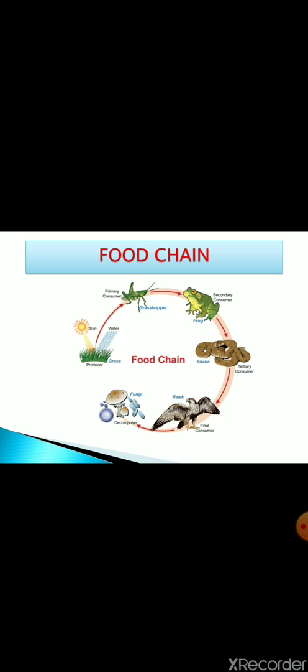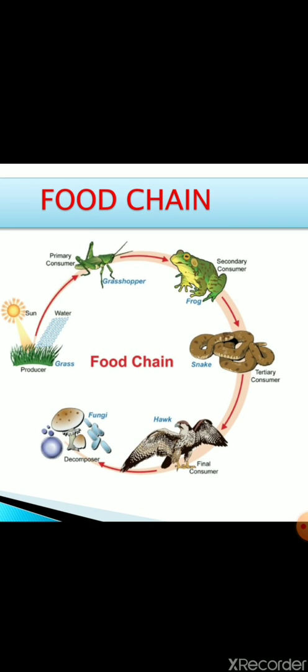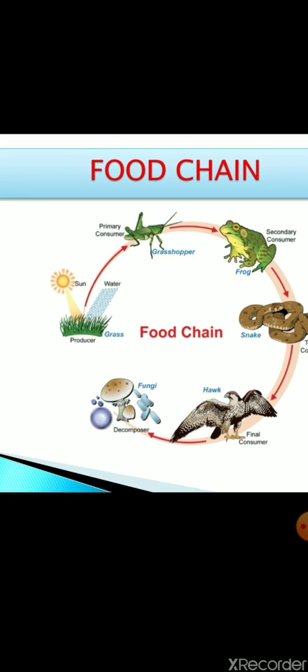Now the last part, when we are talking about food, you know that plant is the first one and plant is the producer, as I told you earlier. Because the plant is getting the sunlight and trapping energy from the sunlight, and then storing it in its body in the form of starch, and then other animals which are dependent on it eat it and they also get the energy.